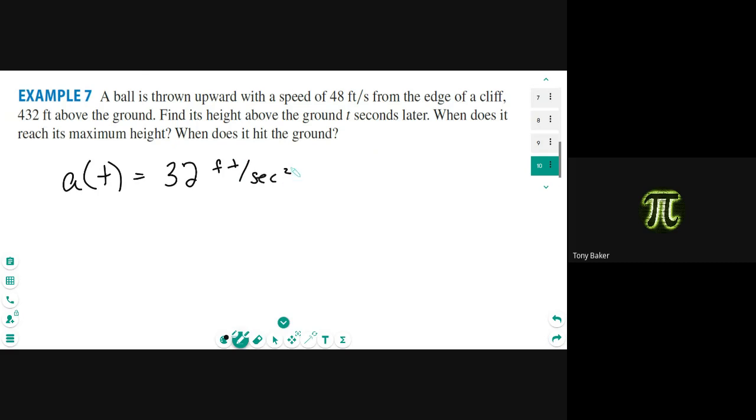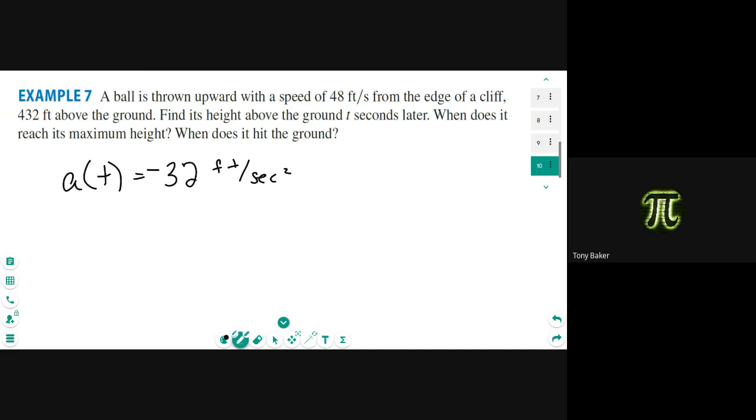And since we're throwing it, the acceleration is actually going to be negative because it's going to be dropping, right? So it's negative 32 feet per second squared. All right, so there's my acceleration.